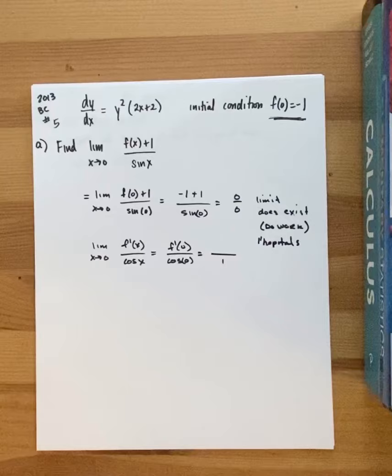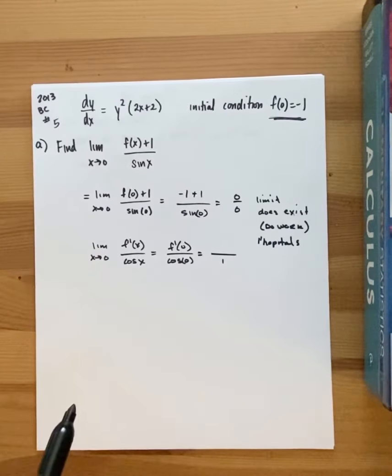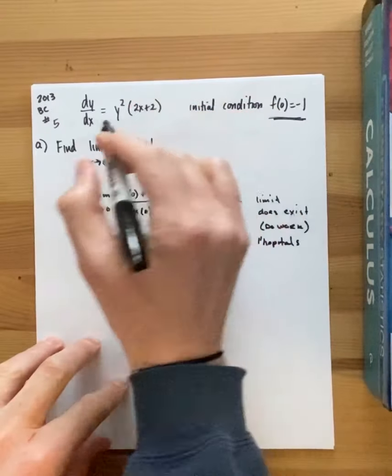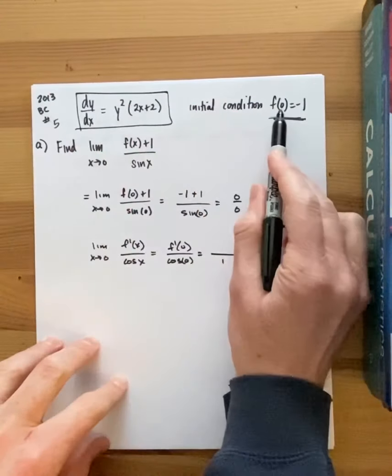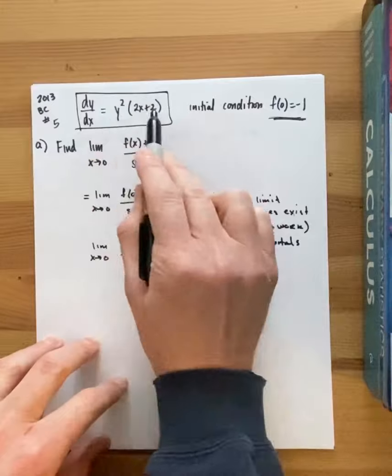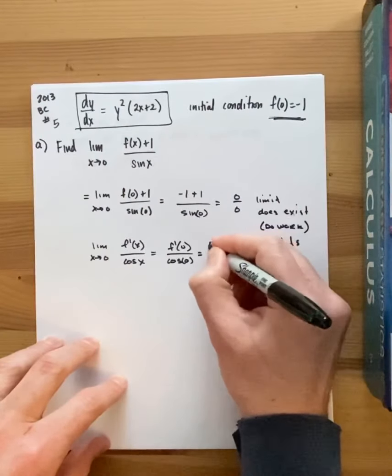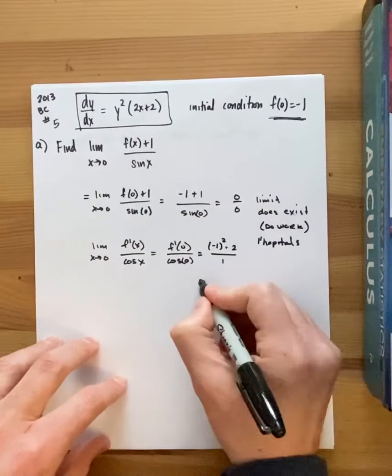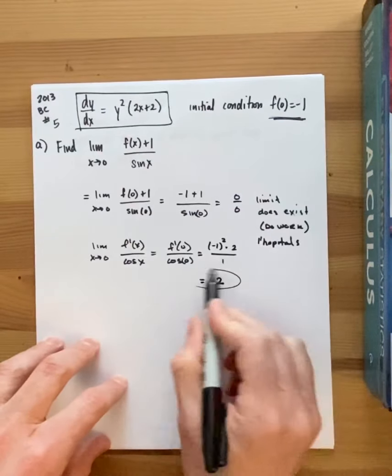So x is 0, y is -1, plug that into your derivative, so you'll get -1 squared times 2, because 2 times 0 is 0 plus 2. So this gives me a 2 as my limit.